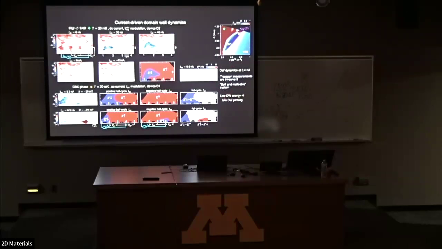And this is the result of two facts. First is that the domain wall energy is low in this part, which means that the pinning is also very low. And second is that the domain walls are opaque, which provides a very efficient mechanism for linear momentum transfer between the current and the domain wall.